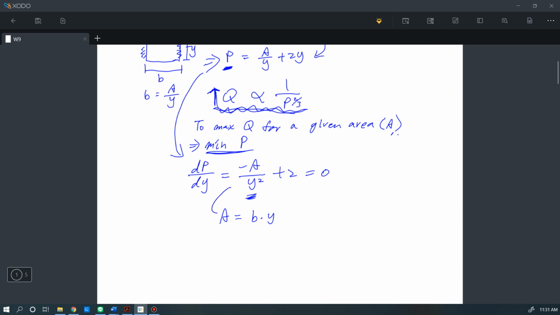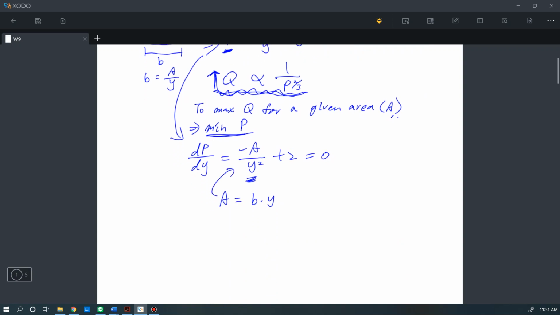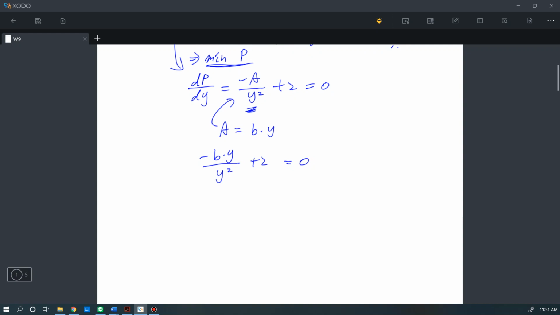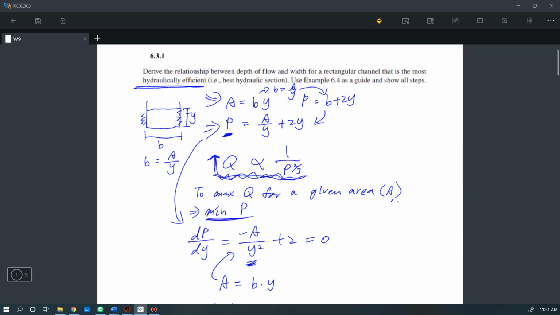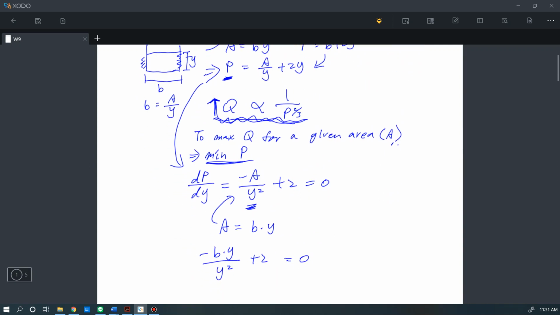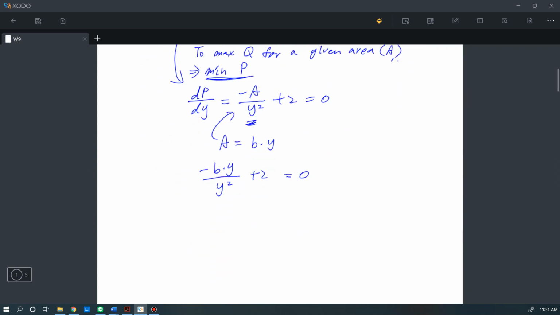So if we plug this back into this equation, we will get minus b times y divided by y squared plus 2 equal to 0. So now we have the relationship between the width and the height of this channel. That is, cancel this out first, so we will have the relationship that b is equal to 2y.